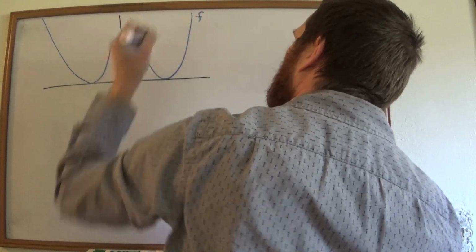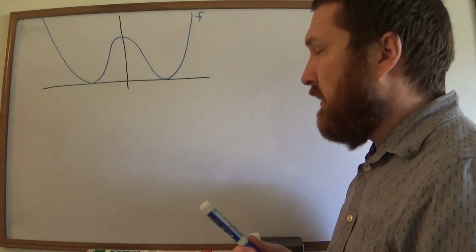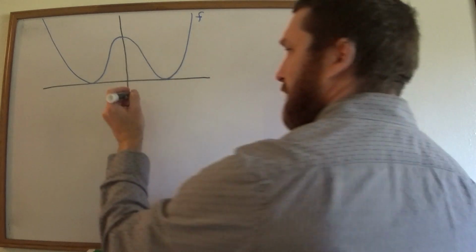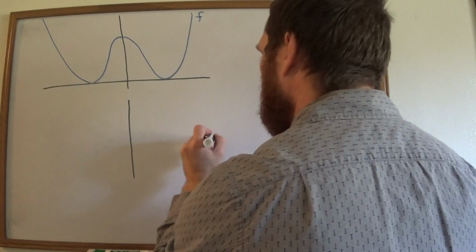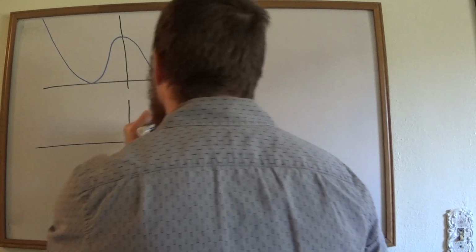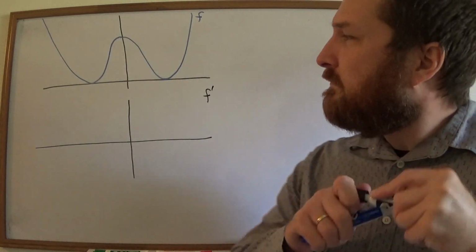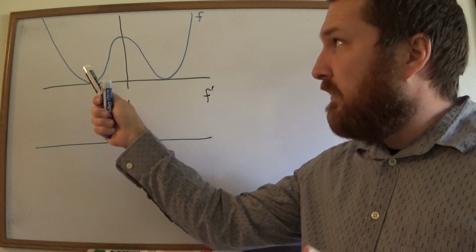So here's your f, and it wants you to draw a graph of its derivative. So we want to draw the graph of f prime. Now, one thing you're going to notice right away is there's no numbers here, right?